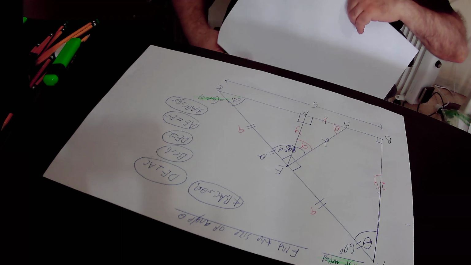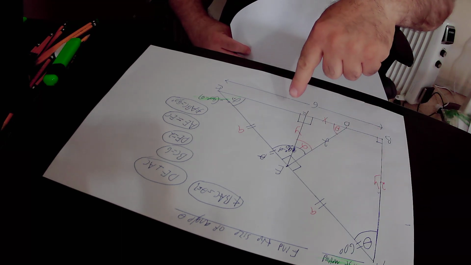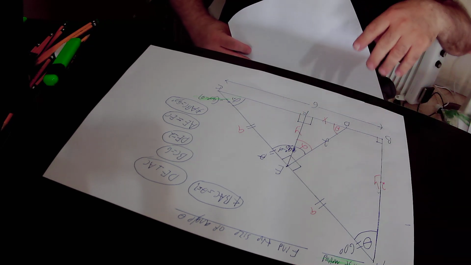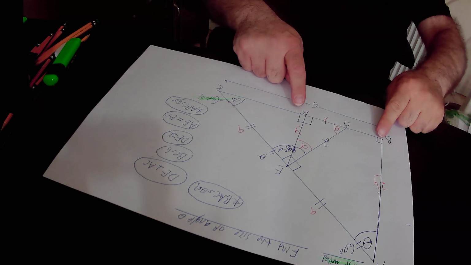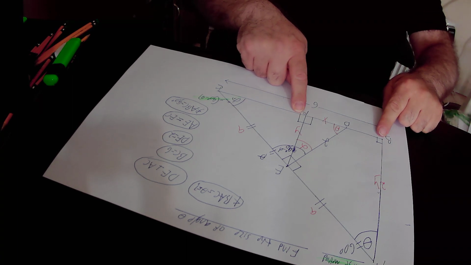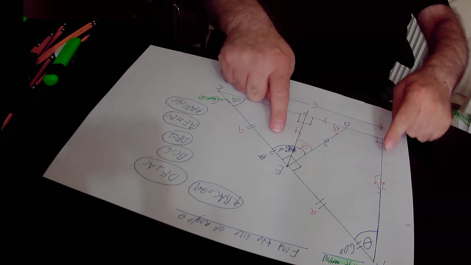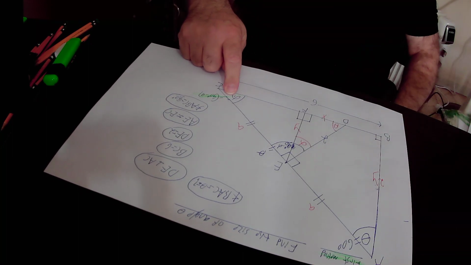I'll repeat again. We proved that the right triangle ABC is similar to the right triangle EFC. Why are those two right triangles similar to each other? First of all, those two angles are equal to each other, they are both equal to 90 degrees. Those two angles are also equal to each other, they are both equal to theta. And this angle is a common angle, it belongs to both triangles.